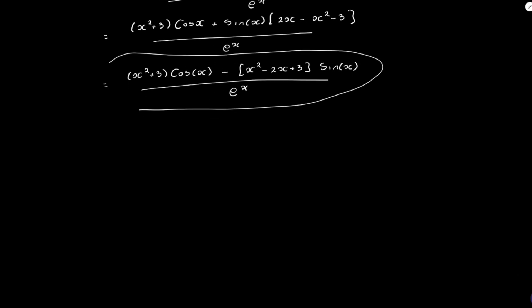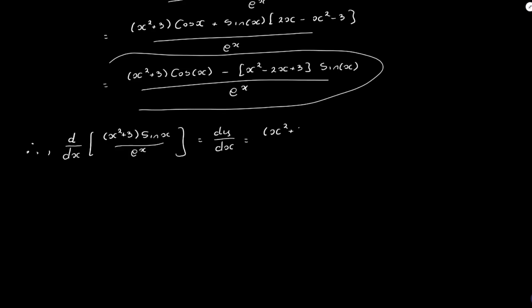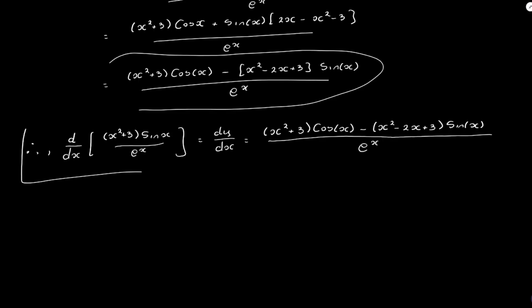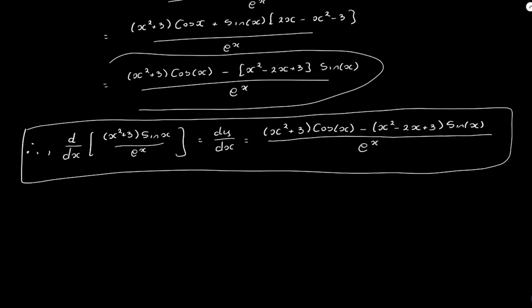So in conclusion, the derivative with respect to x of our initial function, x squared plus 3 sine x divided by e to the x, which is the same thing as dy on dx, gives us the function x squared plus 3 cos of x minus x squared minus 2x plus 3 into sine x, all divided by e to the x. We enclose or box our answer.